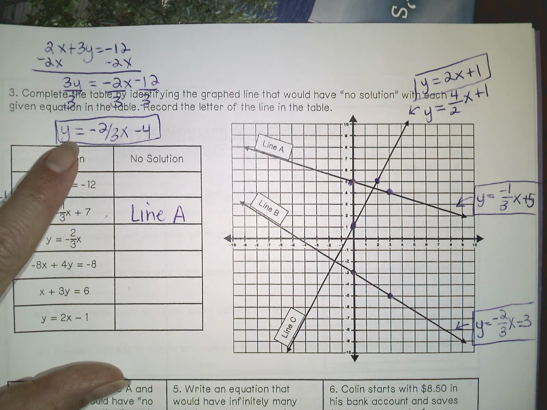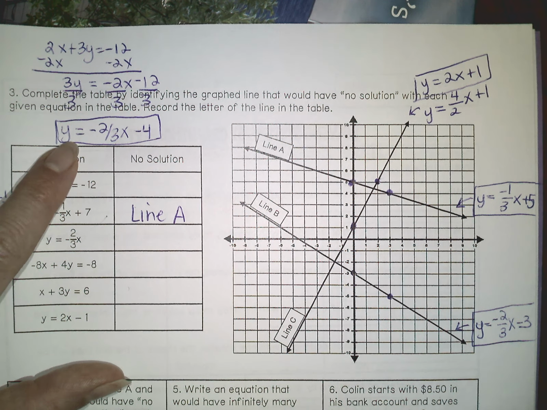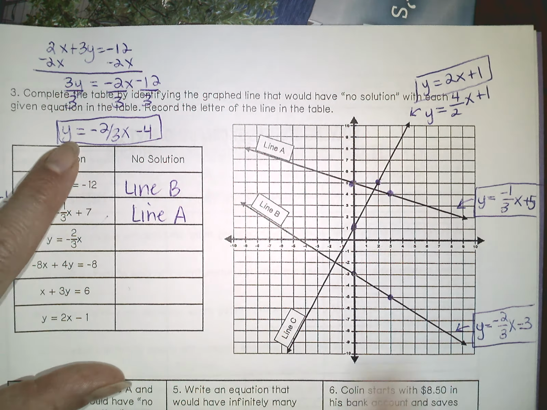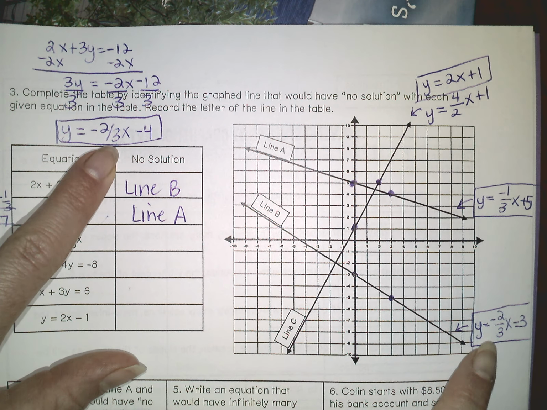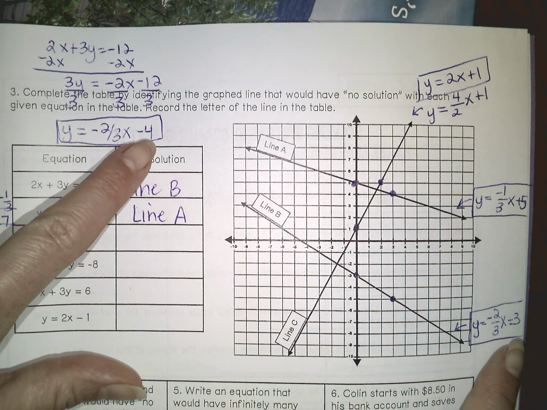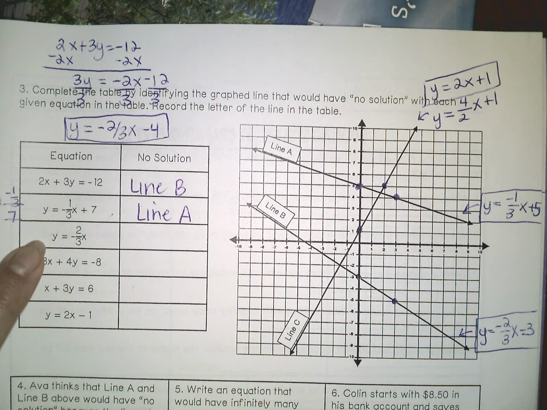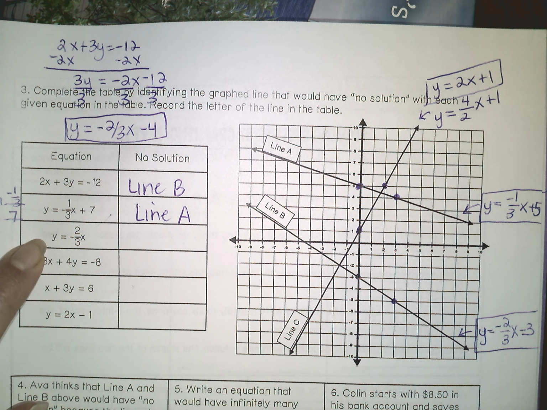So on this equation, which one of these lines would give this system with this one a no solution? Hopefully you answered line B because they have the same slope but different y-intercepts.